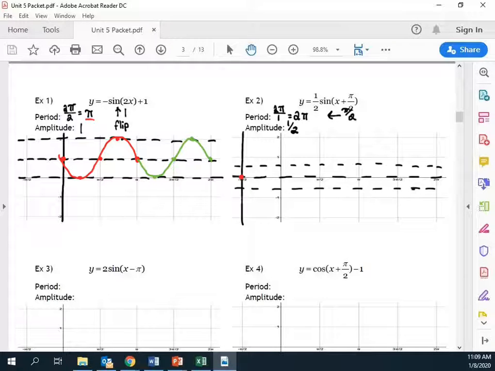So 1/2, 1/2, 2. Again, start, stop. It's a sine function, so what happens in the middle? It's going to be in the middle. Every time, guys. When you do a sine function, just know your 3 dots will be right through the center.